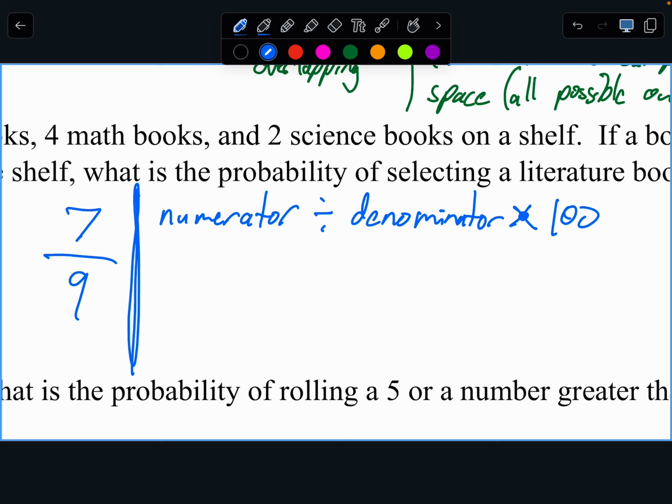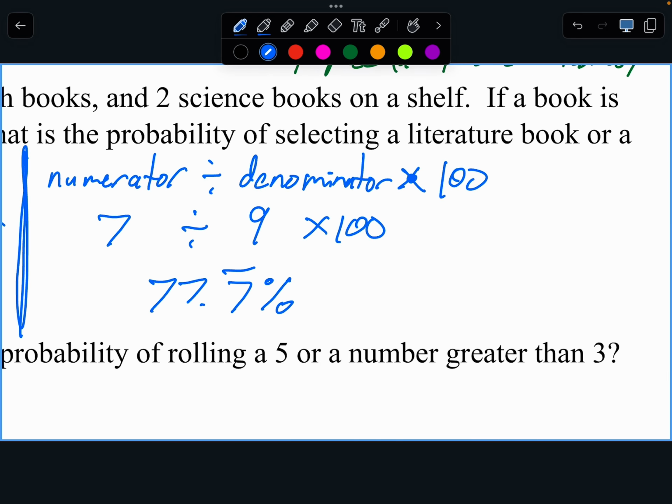Numerator divided by denominator times 100. So in this case, we'd have 7 as our numerator divided by 9 as our denominator times 100. And we'll get 77.7 repeating percent. Let's round this to the nearest tenth. This is 77.8%.